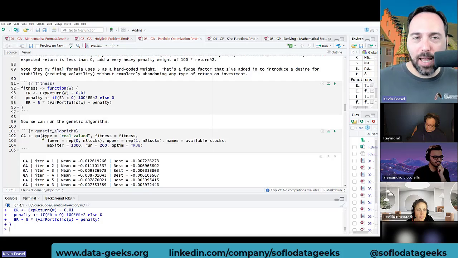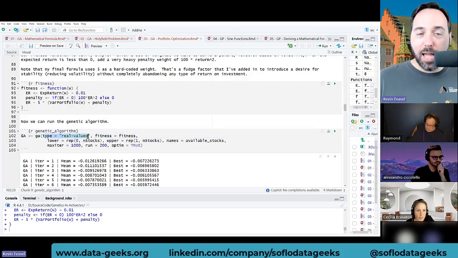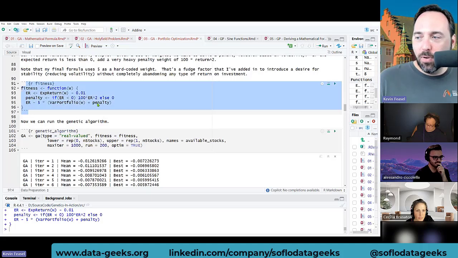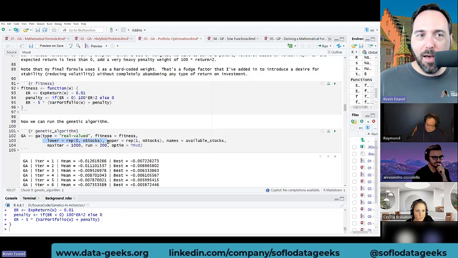Building into our genetic algorithm, we're saying, okay, we've got, again, real type. In other words, these are not binary. It's not zeros and ones. It's floating points. Our fitness function is this one right up here. At the lower end, we can have 0% of a stock. At the high end, we're allowed to have 100% of a stock.